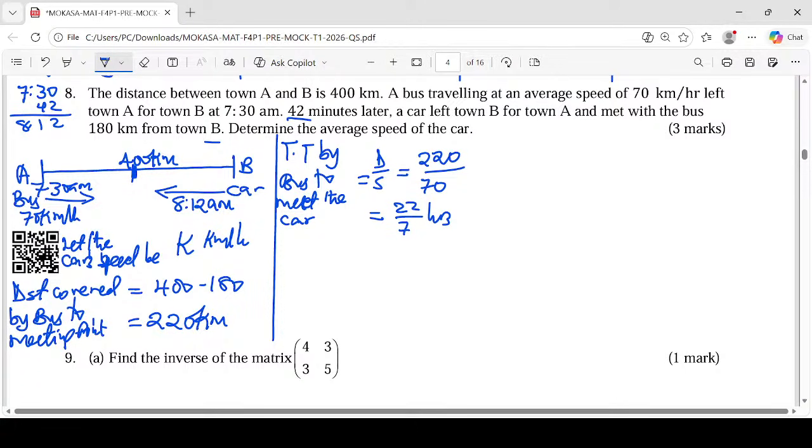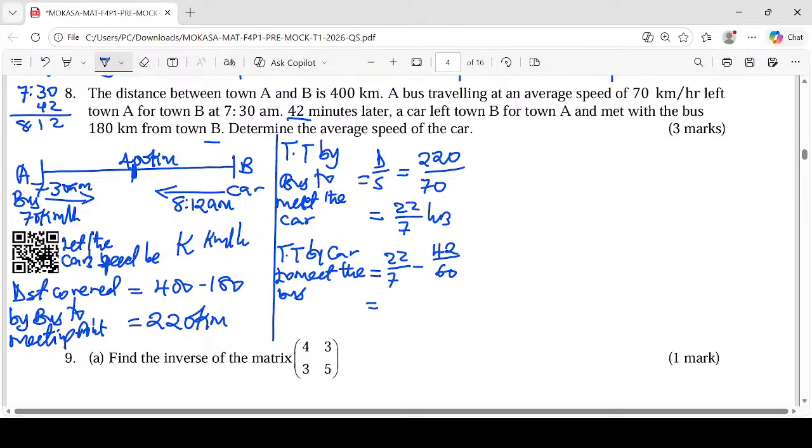So let's get the time taken by the car to meet the bus. You take the total time taken by the bus, which is 22 over 7, you subtract the 42 minutes. In hours, that's 42 over 60.